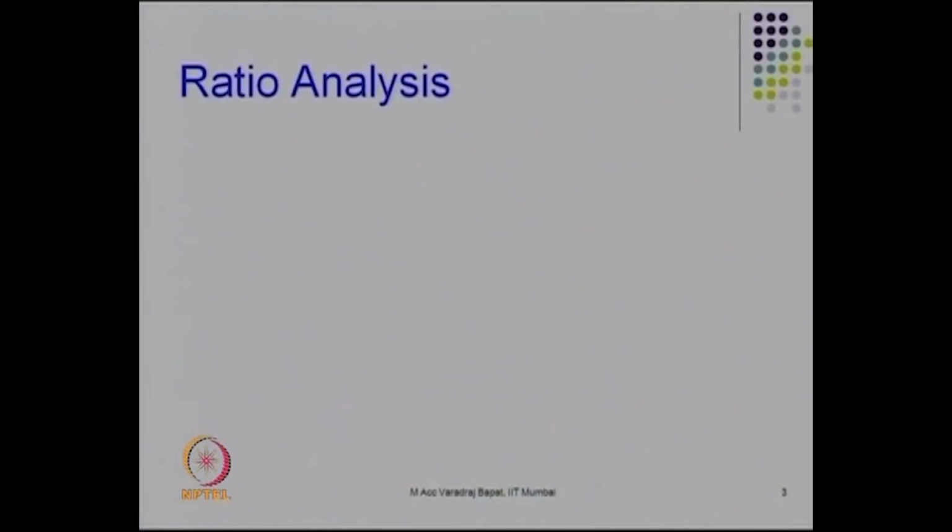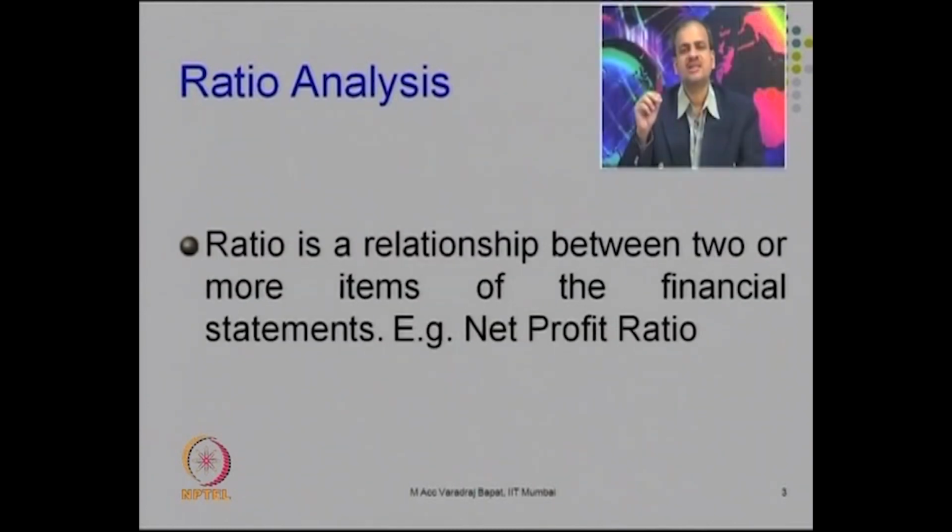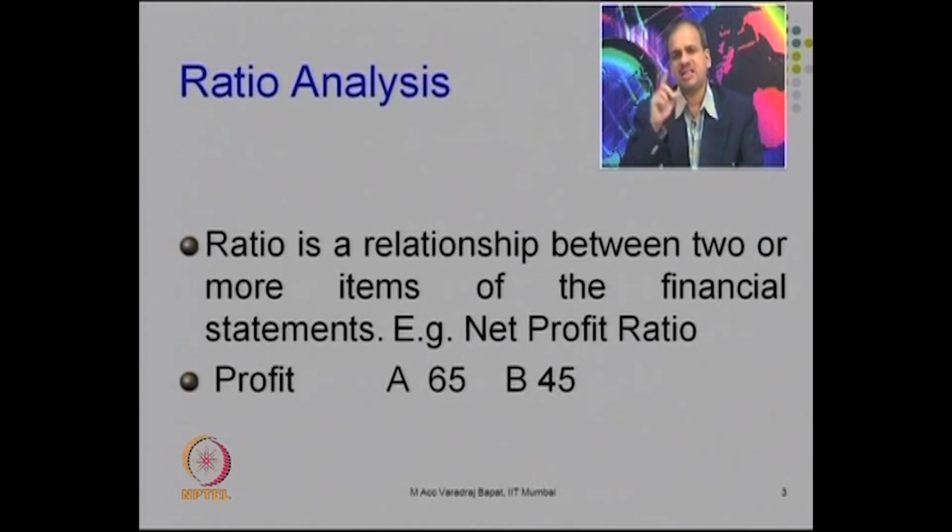This is one of the most important tools in financial statement analysis. As we have already seen, here we are trying to see the relationship between two or more items. Now, we have seen this in the last comparative statement, but have a look at it again.